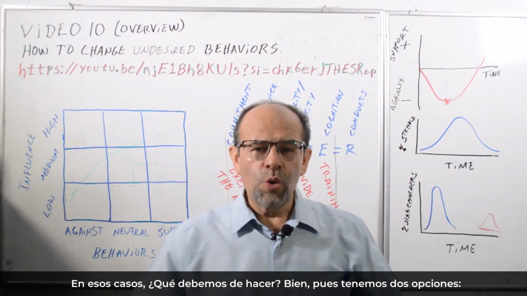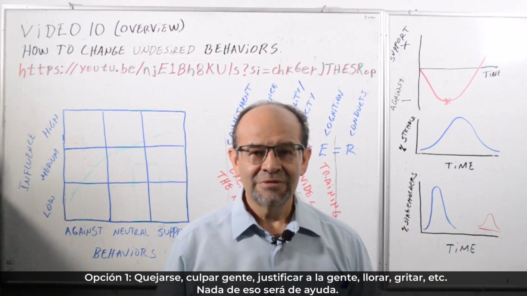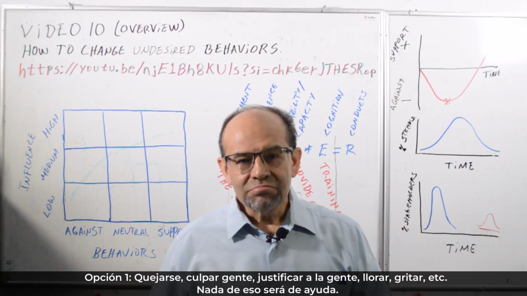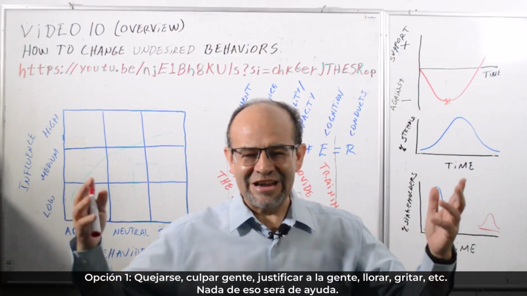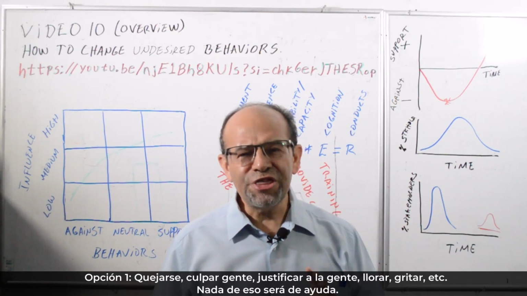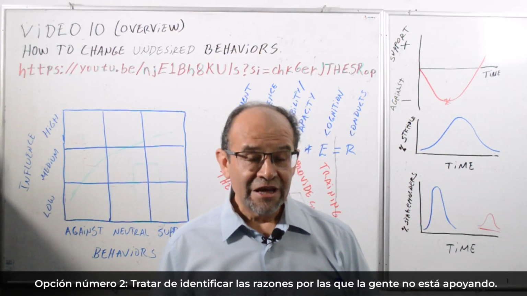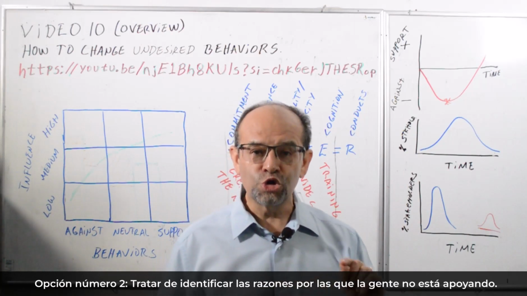What should we do? Well, we have two options. Option number one, complain, blame people, justify the people, cry, shout, scream, etc. Nothing of that will help. Option number two, try to identify the reasons of why people are not supportive.